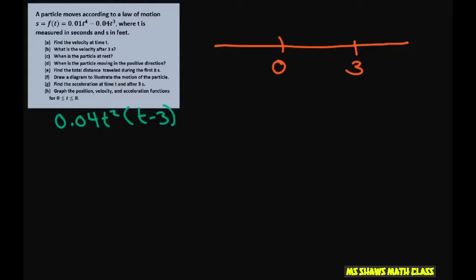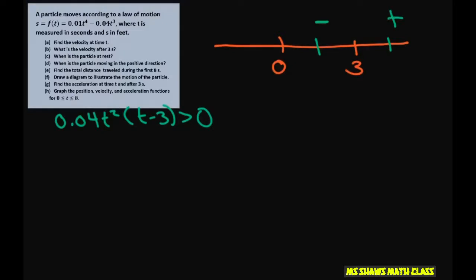We want to see when it's positive. So let's plug in points. If I plug in 1, this is going to be negative. If I plug in 4, it's going to be positive.